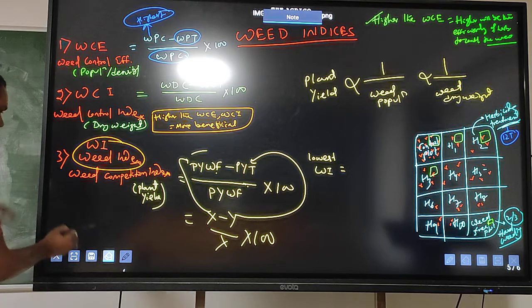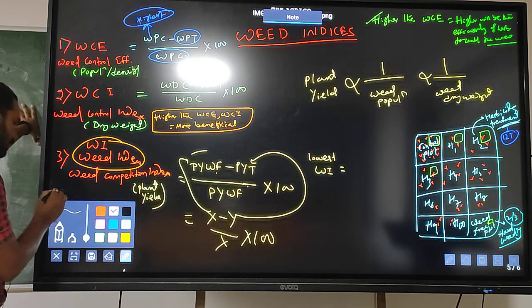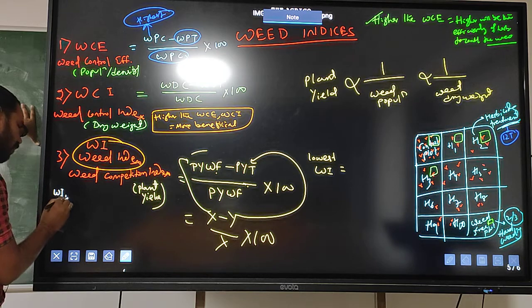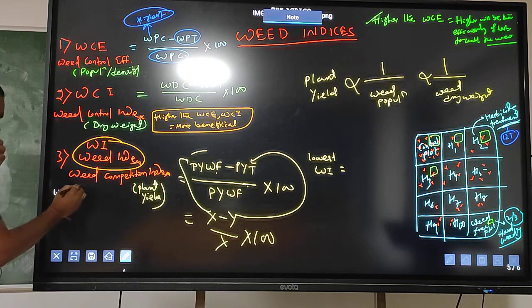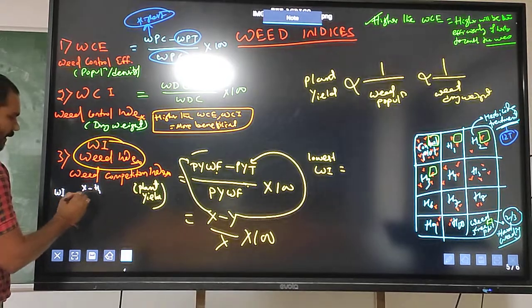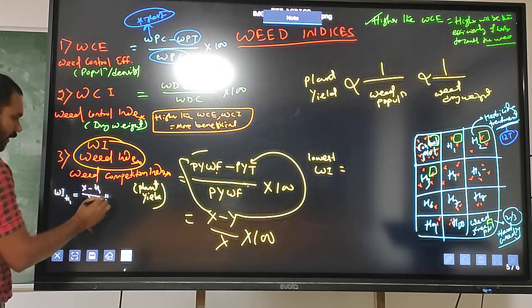For herbicide 1, what will be the weed index? The weed index for herbicide 1 will be (x minus h1) divided by x into 100.